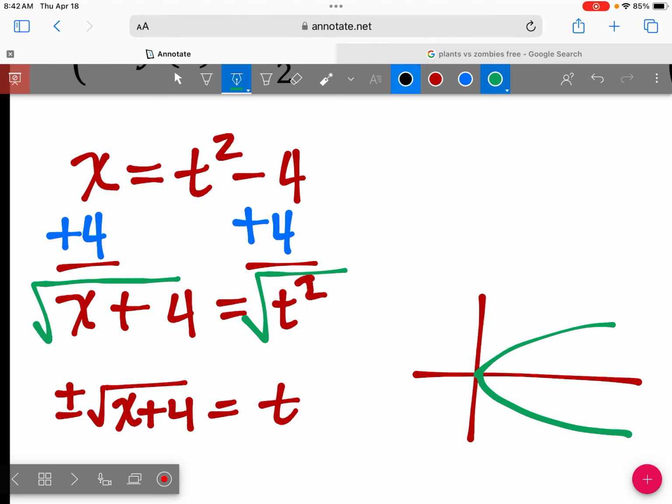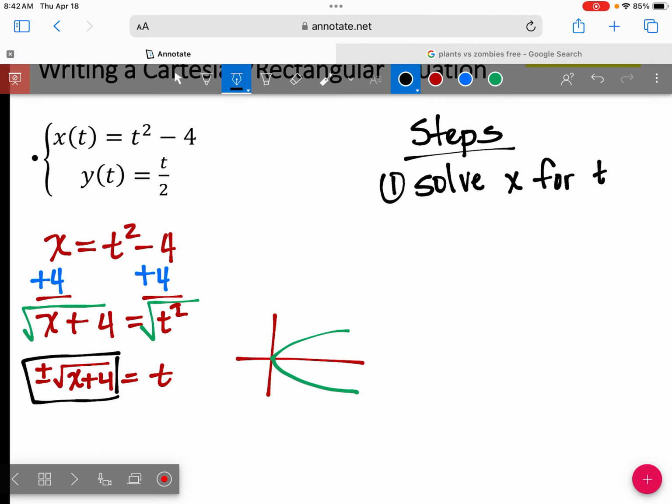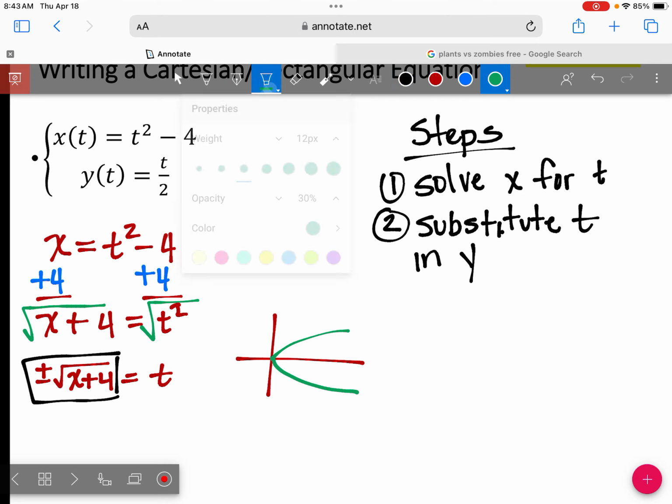So now what I'm going to do is take this, step number 2 is substitute t in your y parameter. So I'm going to take this right here and I'm going to put it right here, essentially.